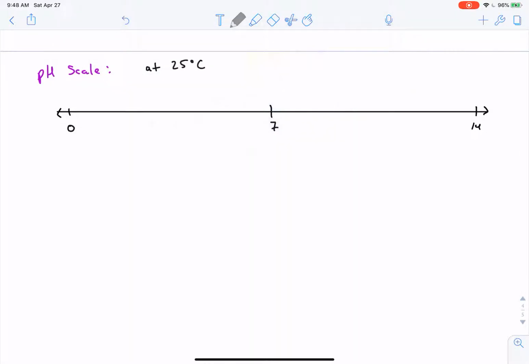Now, remember, neutral is defined as H+ equal to OH-. It happens to be 7 at 25 degrees Celsius, but it doesn't have to be at 25 degrees Celsius to be considered neutral. So the definition of neutral is when H+ is equal to OH-. It has nothing to do with the pH. So don't use that as your explanation either.